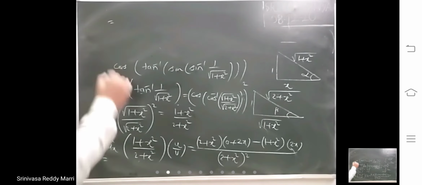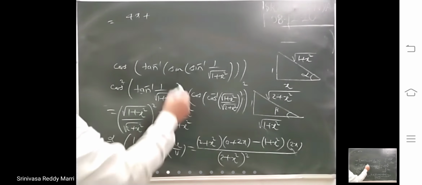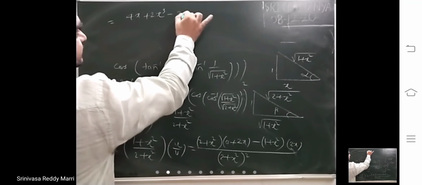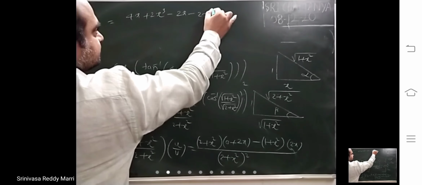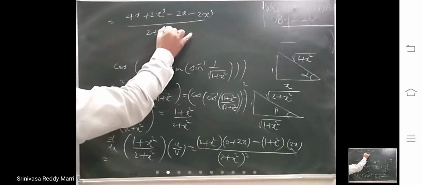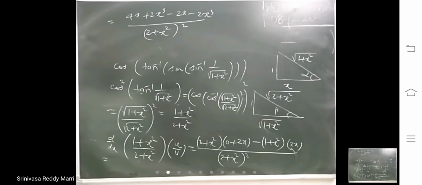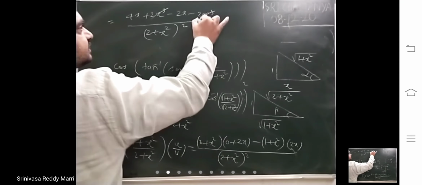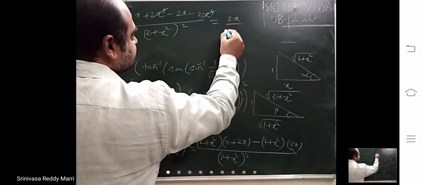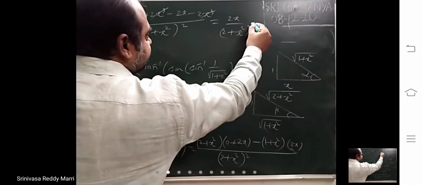So that means you will get 4x plus 2x cube minus 2x minus 2x cube divided by 2 plus x square whole square. So that means 2x cube cancel. So you will get 2x divided by 2 plus x square whole square.